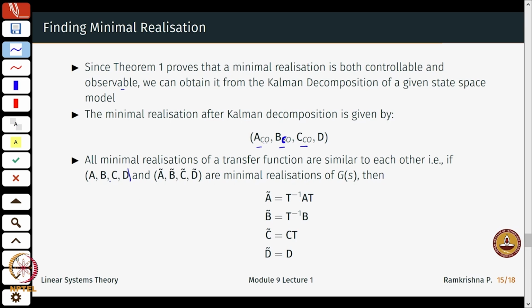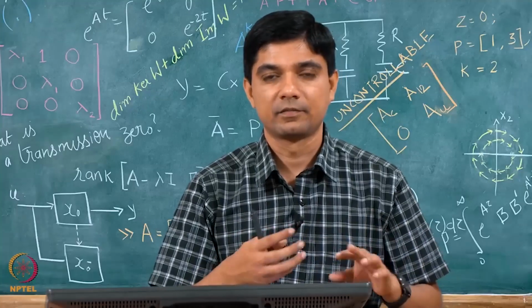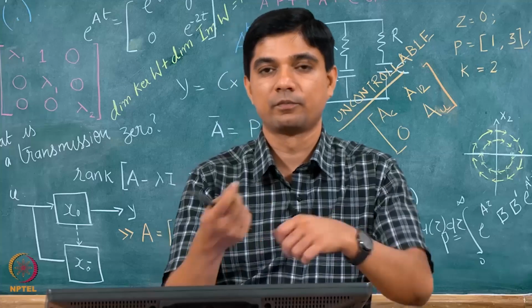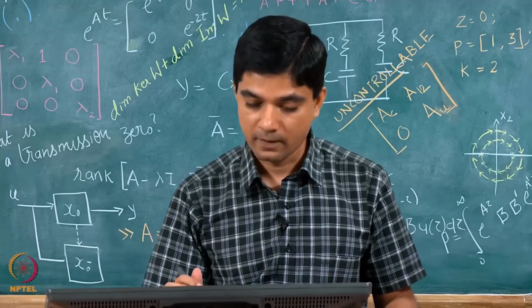If A, B, C, D and A tilde, B tilde, C tilde, D tilde are minimal realizations of G(s), then there will always exist a similarity transformation like this. So two minimal realizations of a transfer function are actually similar to each other, in the same way as similarity relations between systems which were transformed maybe to the diagonal form or to the controllable form and so on.